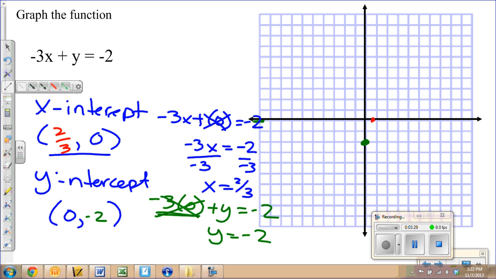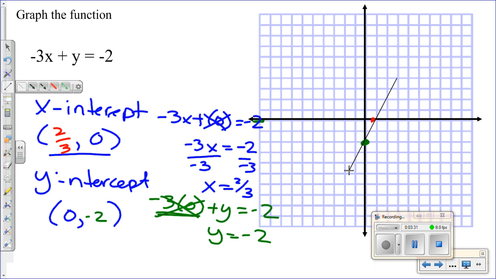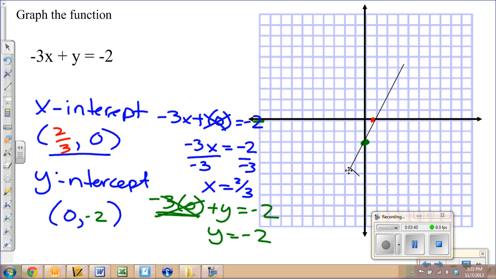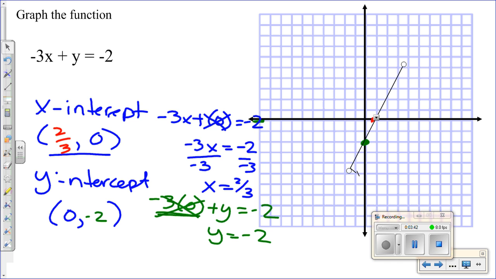Then I'm going to draw my line. Looks like my line is about like that. It's a little bit off, but about like that. And there's my line. I don't need a third point because if I'm going to do it with intercepts, I just need those two intercepts and then I can just draw my line.